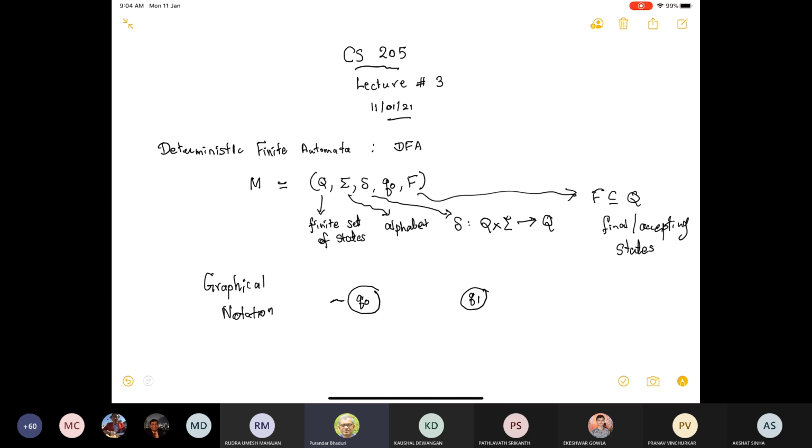The initial state is indicated by an incoming arrow. And the transitions are indicated by arrows, which are labeled by symbols in the alphabet.